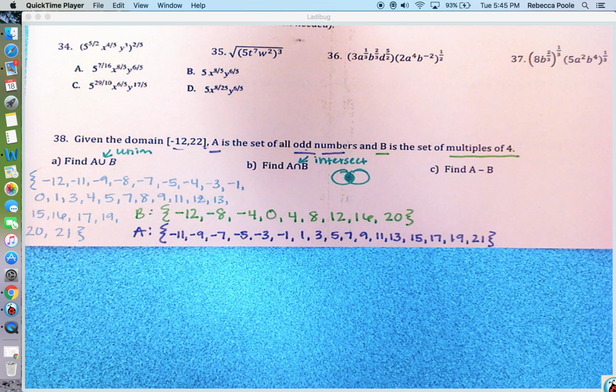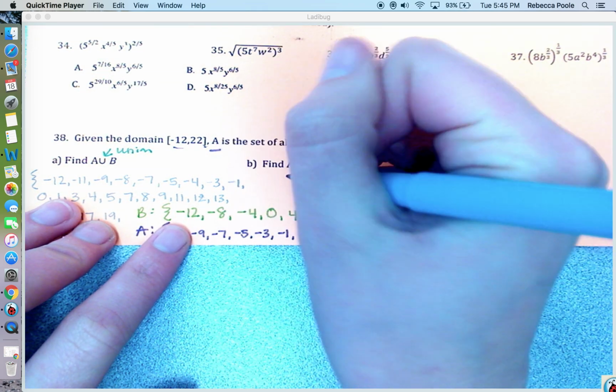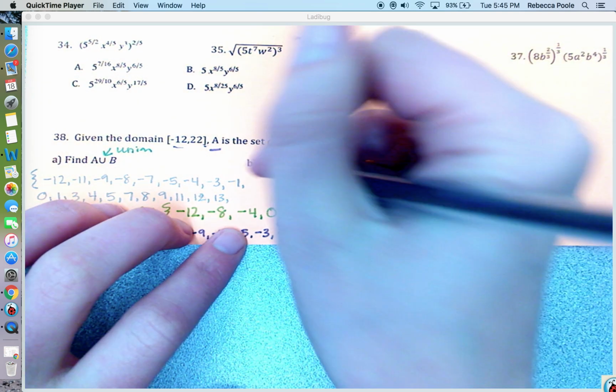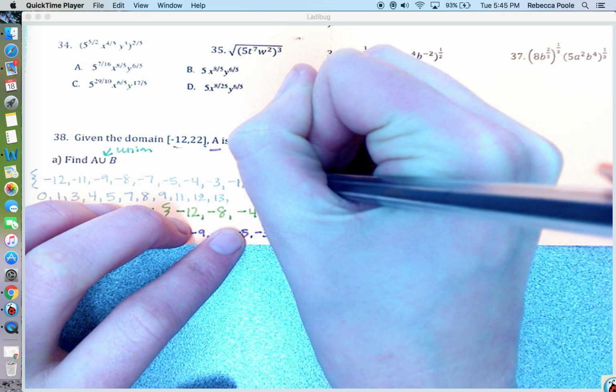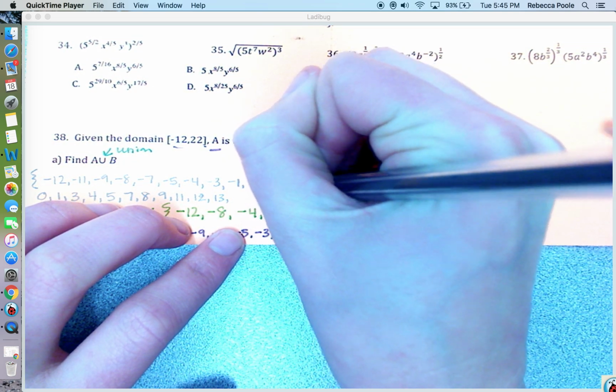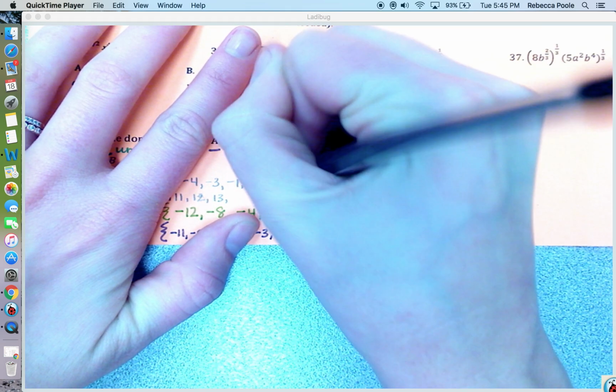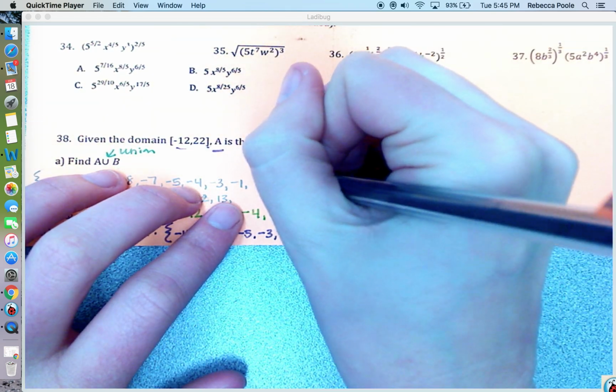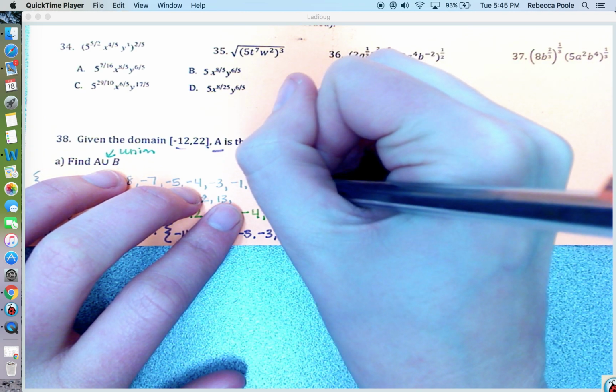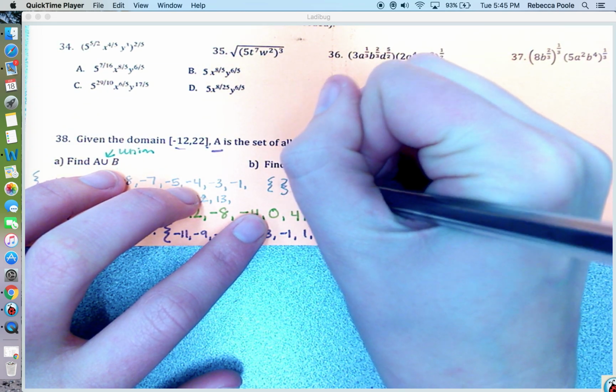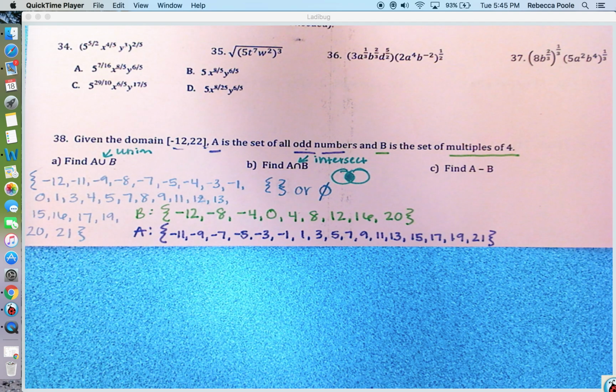I don't see any, which means this set is just empty. So you can write an empty set. Make sure you don't put anything in it. 0 is a number, this is just empty. Or you can write it as no solution. That is also a symbol for the empty set when we're talking about number sets.